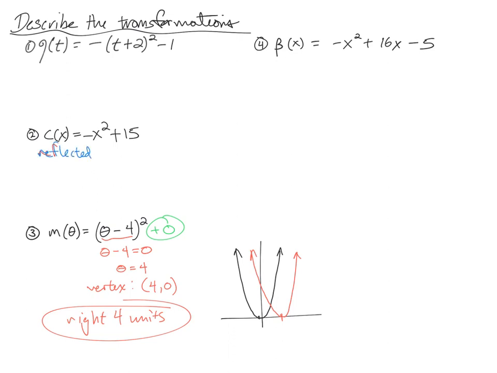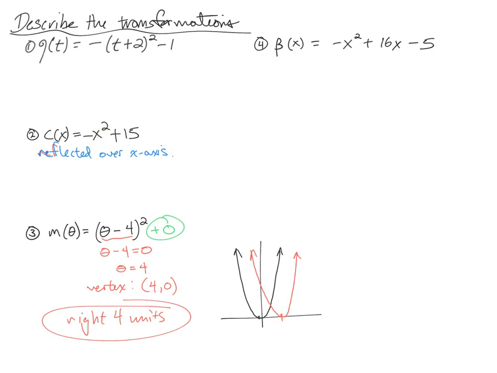Reflected, we'll say, over the x-axis. And what would be the vertex here? Well, I know that I would be able to find the horizontal movement, or we could say the x-coordinate of the vertex, if there were a set of parentheses.